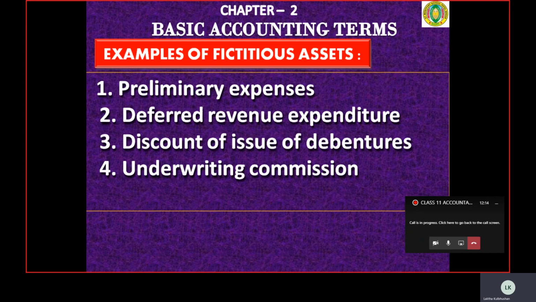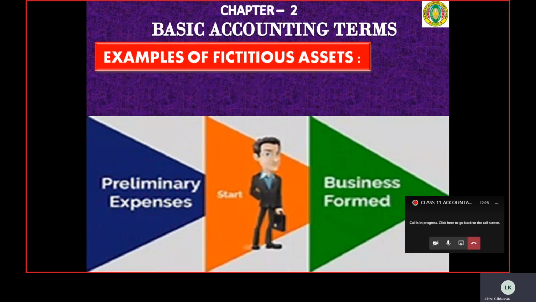So let's understand what preliminary expenses basically mean. Preliminary expenses are those expenses generally incurred by the company for the purpose of its initiation or starting the business. Means any initial investment done by the promoter or the owner of the business so that the business can be started is what we call preliminary expenses.